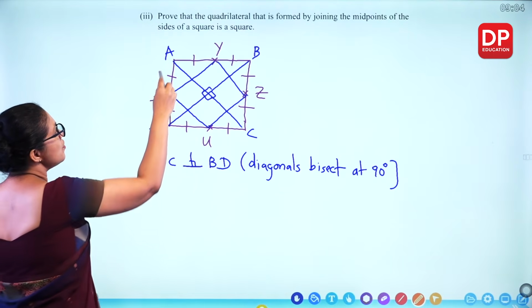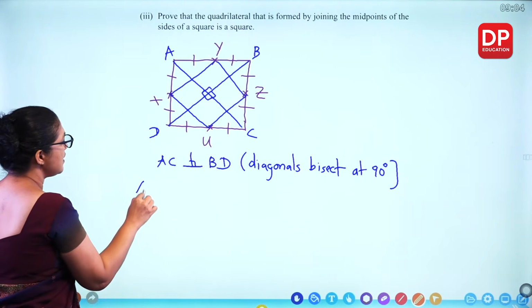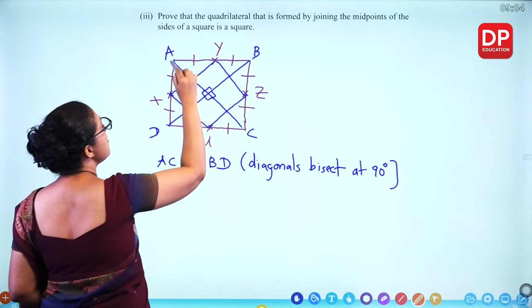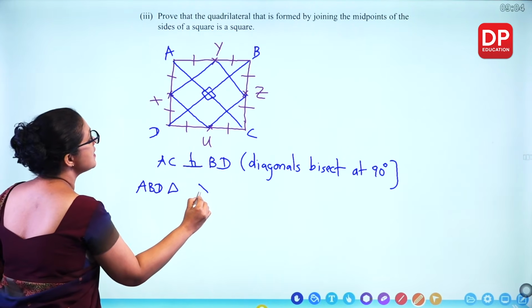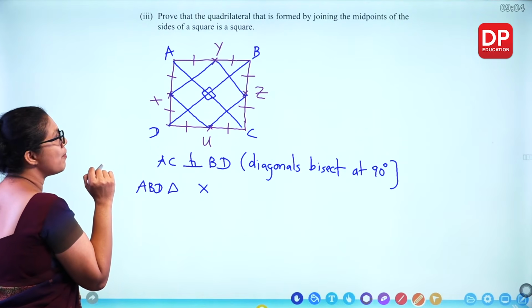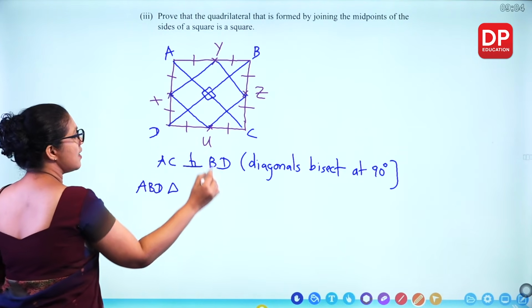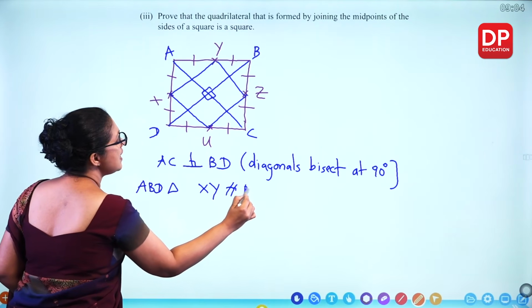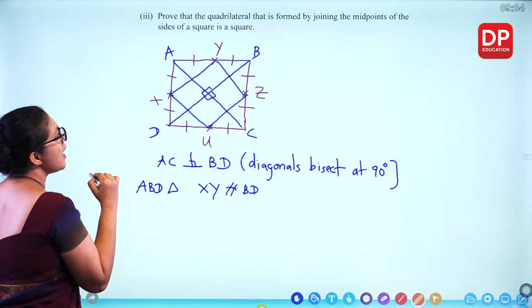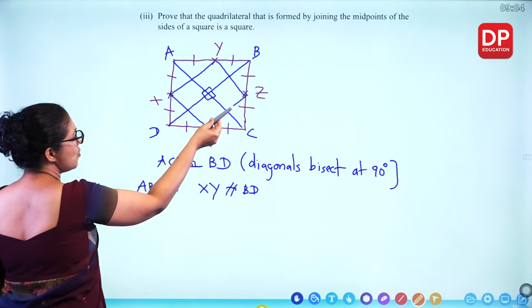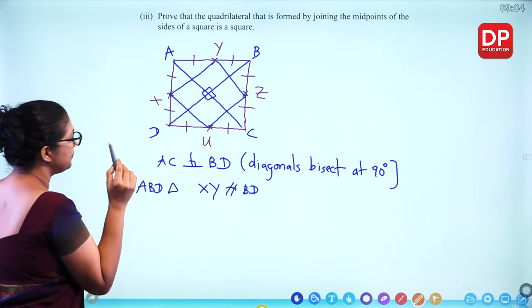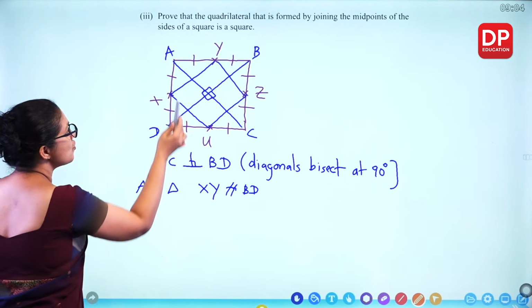Now again, when you take ABD triangle, what can you say about ABD triangle? We can see according to midpoint theorem, XY is parallel to BD, as well as, when you take the other triangle, it's parallel to UZ. I'll first do this one.